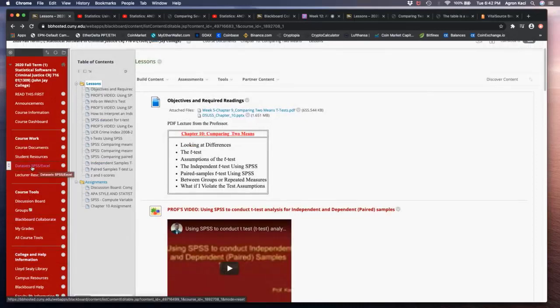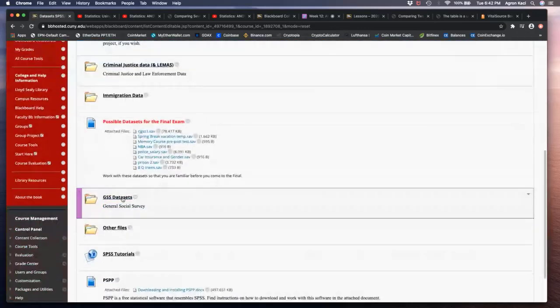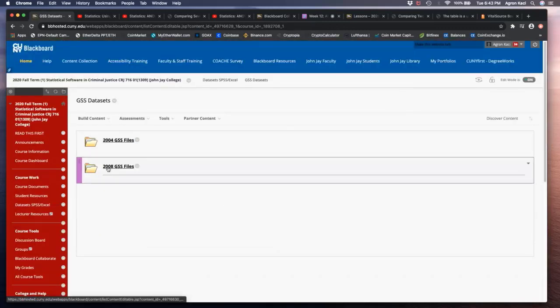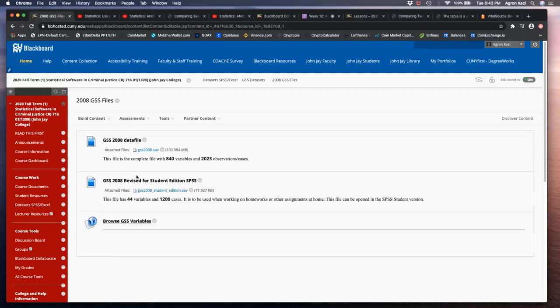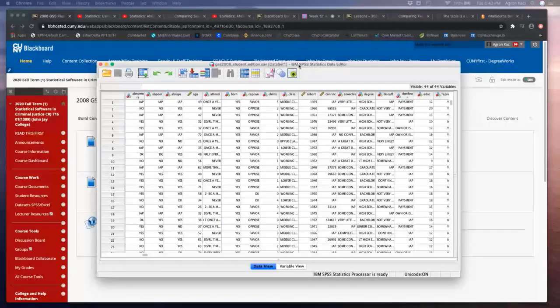You go to Datasets SPSS Excel, and once you go there, you go to the folder GSS Datasets. In GSS Datasets, you go to 2008 GSS files. I have to compile more accurate GSS data. And then you open up GSS 2008, the Student Edition.